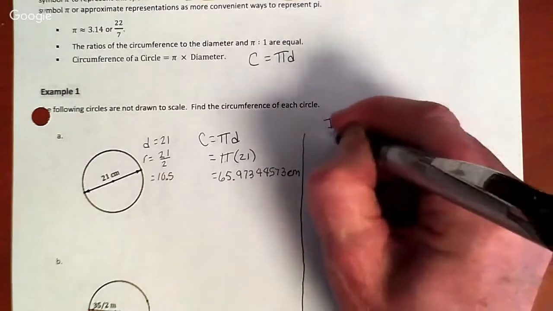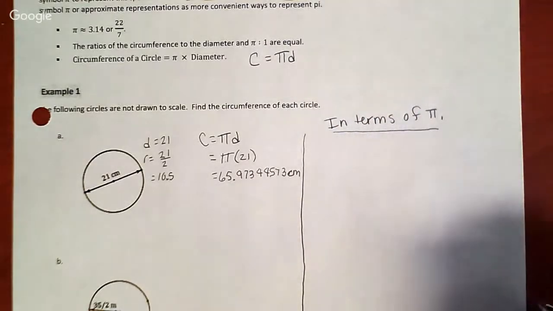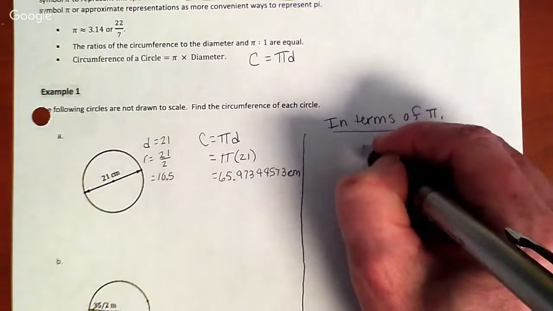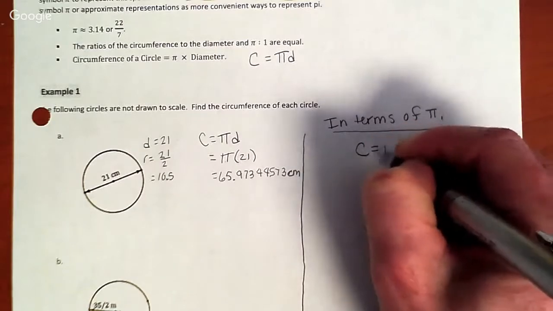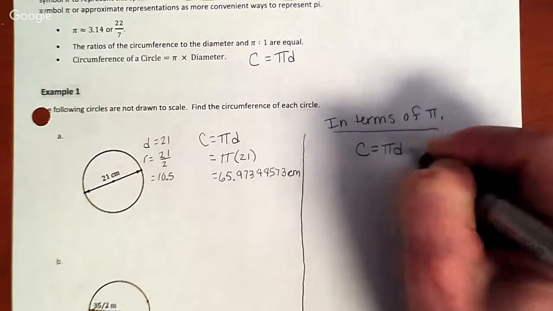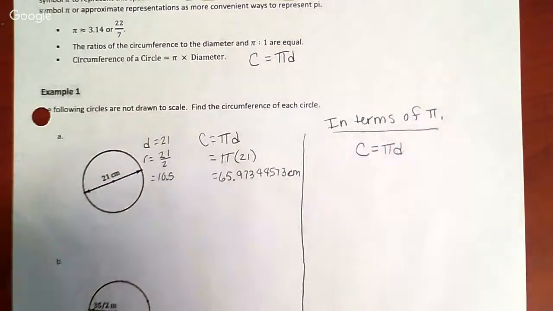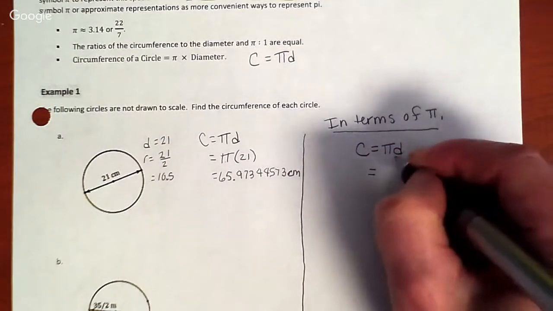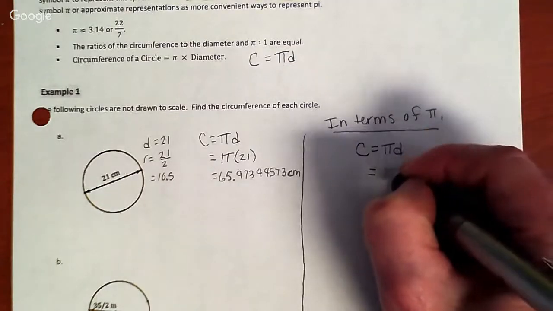To leave it in terms of pi, which we'll do quite a bit on the New York State exam, especially on the multiple choice part, we have our formula. We replace D with our diameter, and you always put the number first, especially when you leave it in terms of pi.